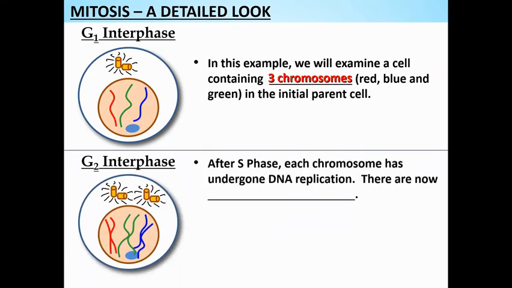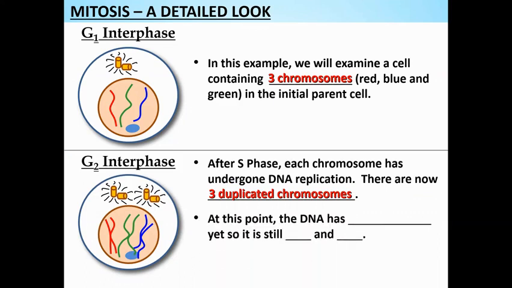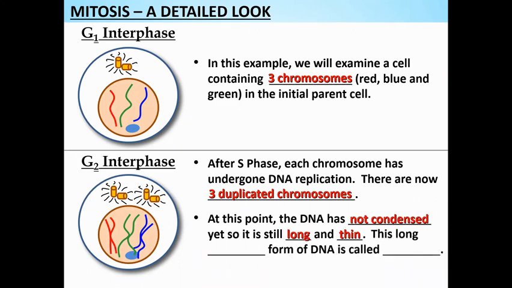After the S phase, each chromosome has undergone DNA replication, and now we've doubled, right? So now there are 3 duplicated chromosomes. At this point, the DNA has not condensed yet, so it will still be long and thin. This is like a thread-like form of DNA, also called chromatin.